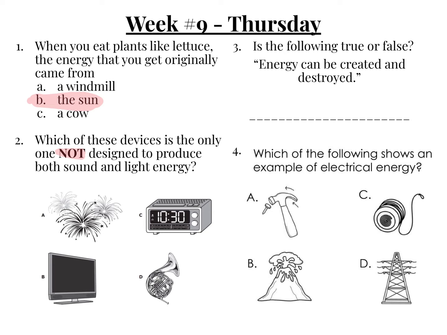C. An alarm clock. Or D. A French horn. So our answer is D, a French horn. It only produces sound. All the others produce sound and light.